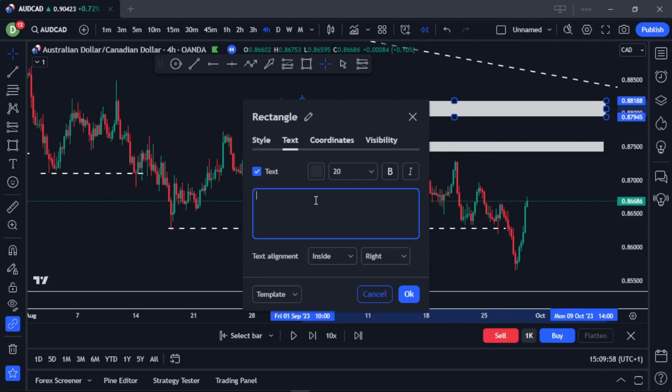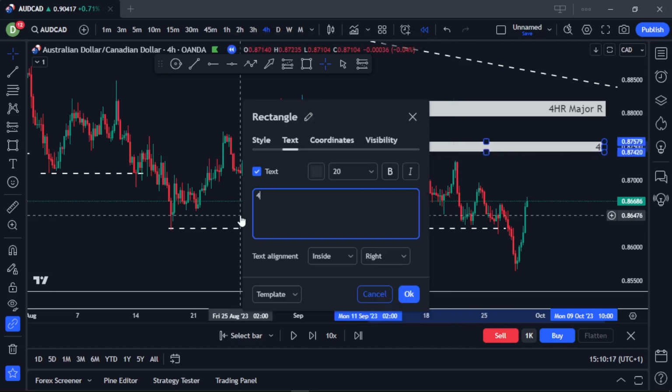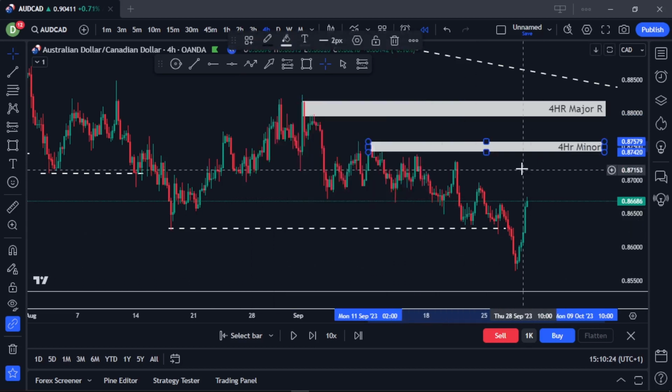So here I'm going to put 4 hour major, an arrow, which stands for resistance. And I'll have this here. And then over here also, I'll write another one, 4 hour minor. So I have this in here right now. So I know that these are areas of resistance that I've drawn in the market.